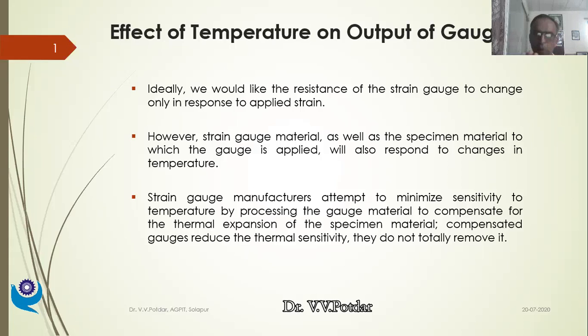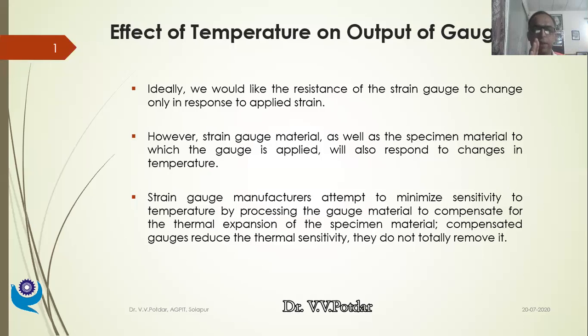Once I load, let us say that the specimen is subjected to tensile strain. So it will be subjected to plus epsilon, and so to plus delta R epsilon. So in place of R1, what will we have? R plus delta R. Now this delta R for R1, please be attentive, try to bring our Wheatstone bridge in front of your eyes.